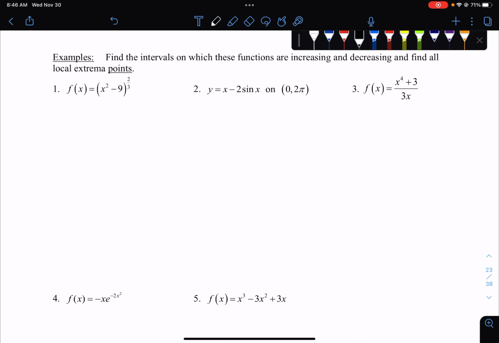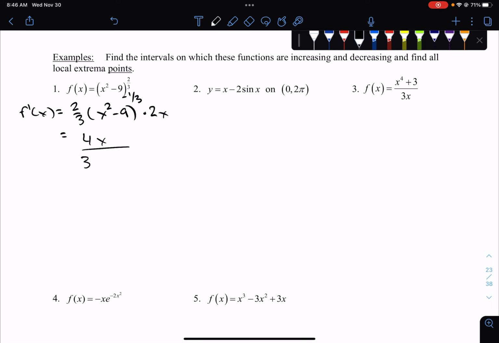So the procedure, first thing we're going to do is find the derivative. So f prime of x equals 2/3 times x squared minus 9 raised to the what? Negative 1/3. And chain rule, don't forget to multiply by the 2x, the derivative of the inside. So if I clean this up a little bit, I end up with 4x on top, and on the bottom, I have 3.